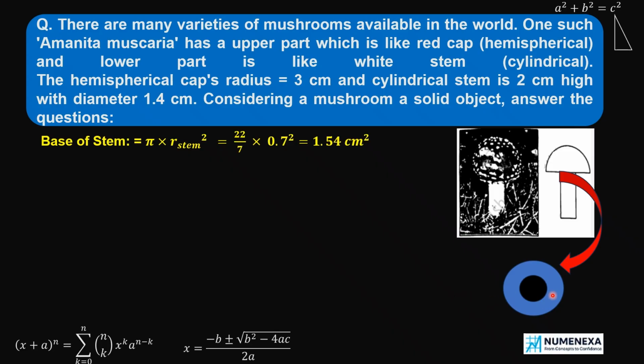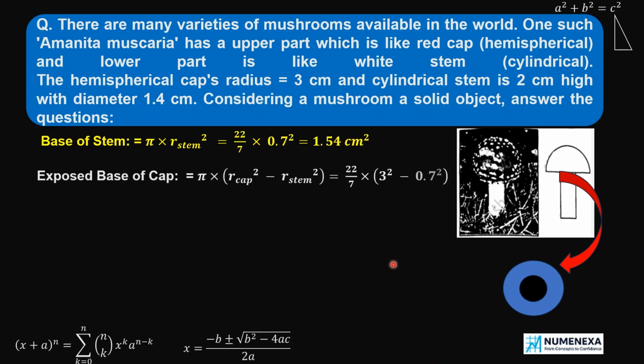Okay, so it is nothing but the area of the outer circle minus the area of the inner circle, which mathematically we can write like this: the exposed base of cap will be area of the outer circle minus area of the inner circle, which is pi into r cap square minus r stem square, where r cap is the radius of the hemispherical cap and r stem is the radius of the cylindrical stem.